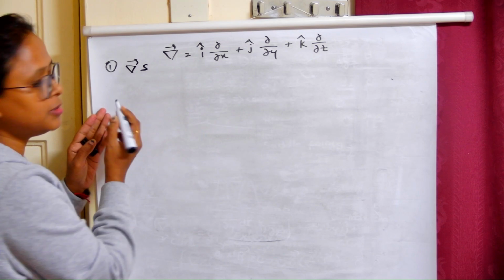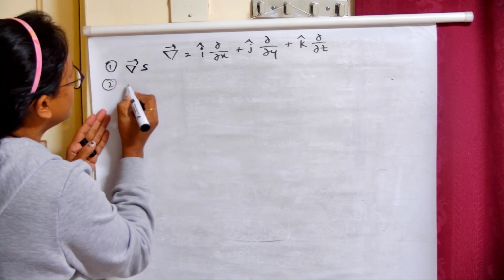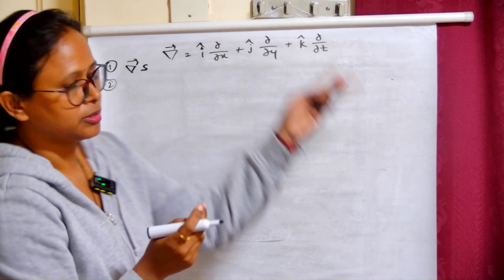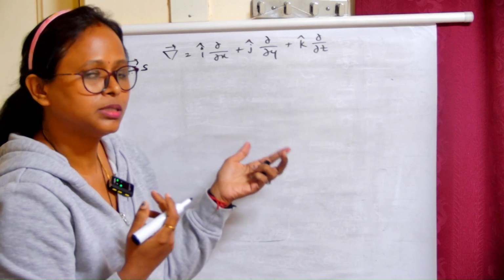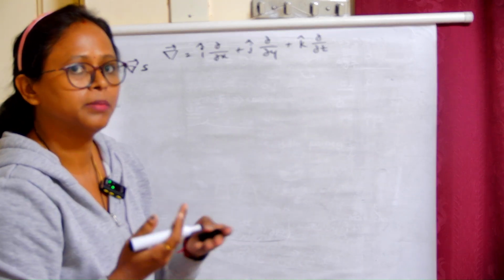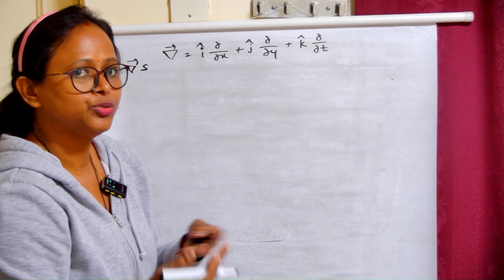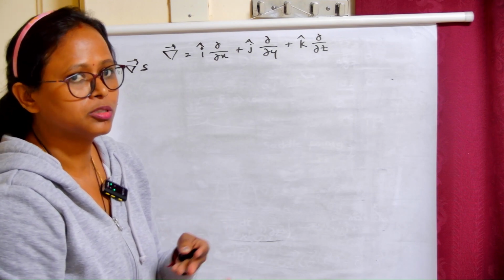Say S is the scalar. If it is acting on a vector, it can participate in the multiplication in two ways, through the dot product or cross product.